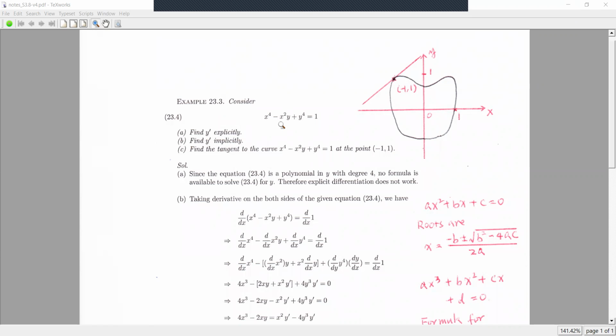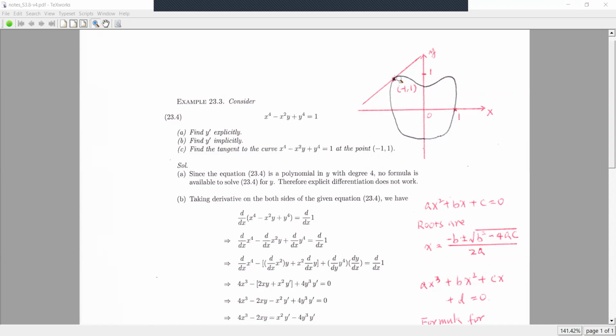The graph of this equation is this curve. This curve is the set of all the points that satisfy the equation. Please note that this curve is the graph of an equation, but not the graph of a function.